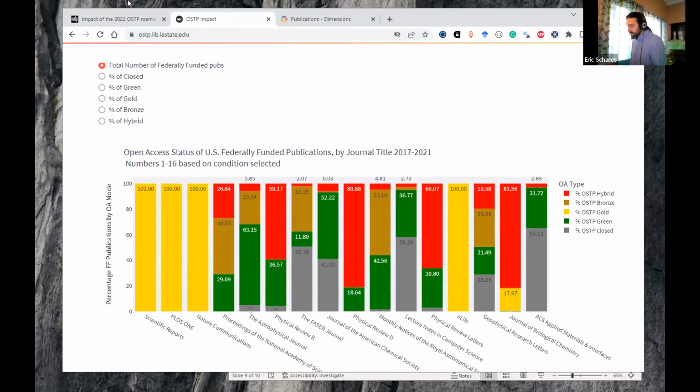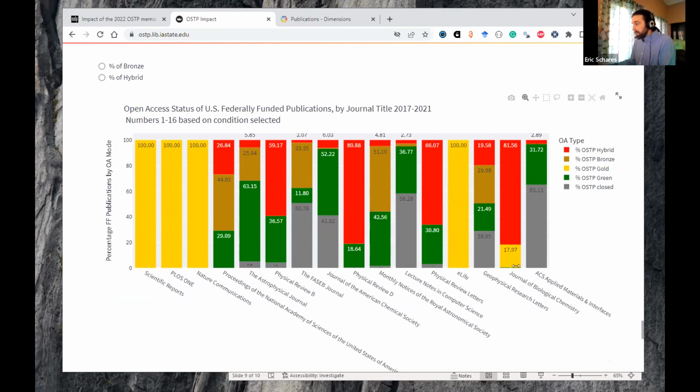So the top 3 journal titles are all 100% gold: Scientific Reports, PLOS One, Nature Communications. And so again, those journals could presumably continue operating as they are today, even after the new OSTP memo takes effect. Let's see, conversely, the FASEB Journal, the Journal of the American Chemical Society, ACS Applied Materials and Interfaces will need to adjust their policies and strategy.